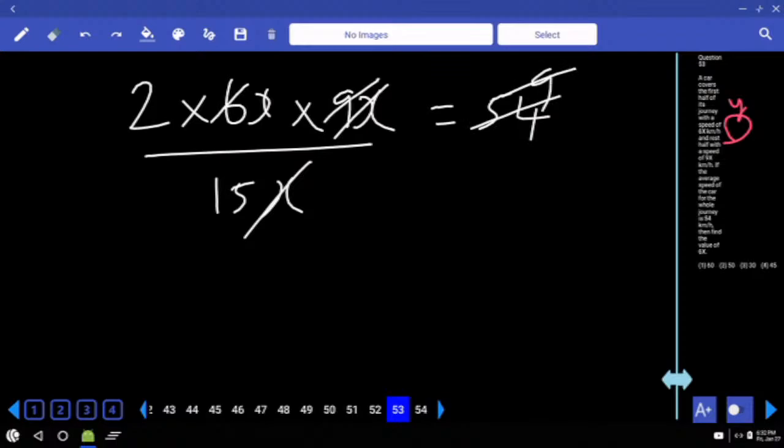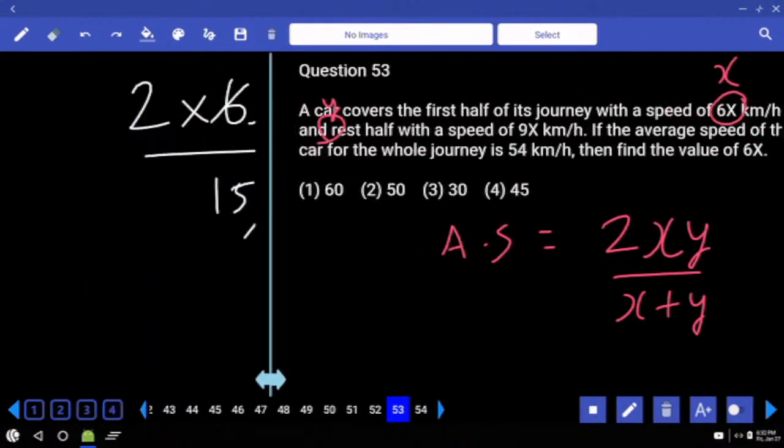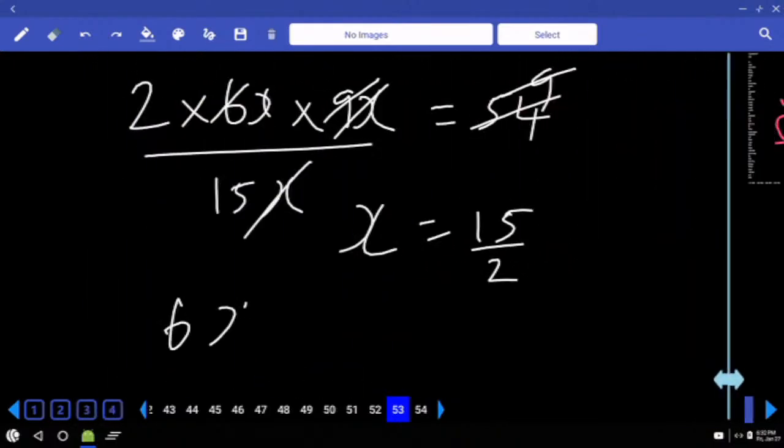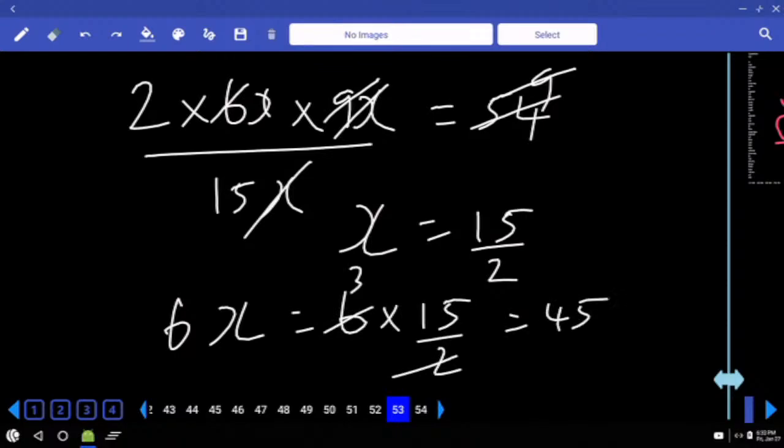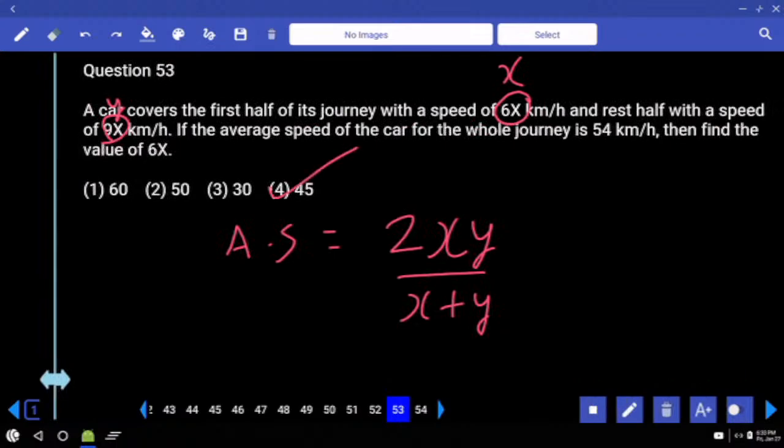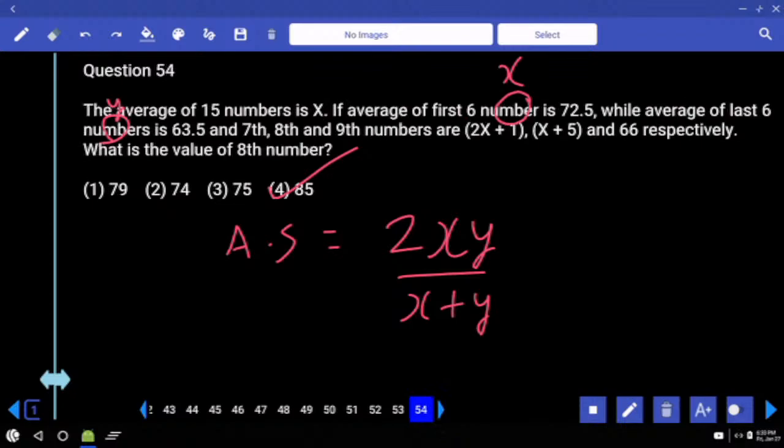So how much are you getting as x here? 15 by 2, right? Now what value is he asking? 6x. 6 into 15 by 2 is 45. That's it. 45 is the answer. Again, a straightforward question only.